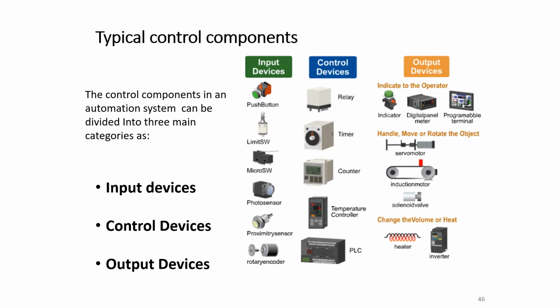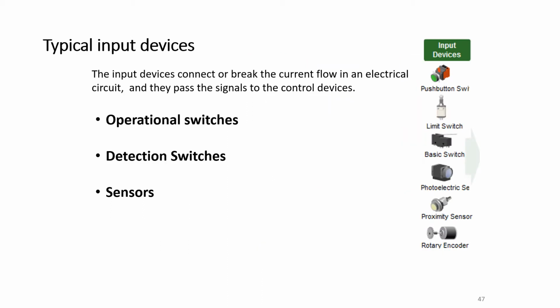We have three main categories: input devices, control devices, and output devices. All of these components could be seen in different locations: in panel, on panel, and in machine location. Typical input devices include operational switches, detection switches, and sensors.